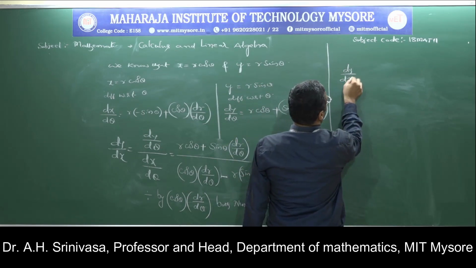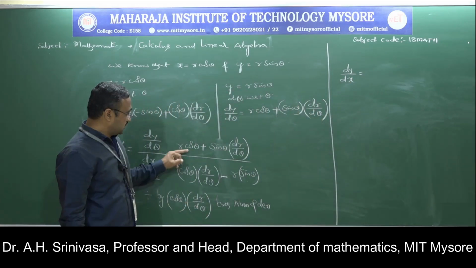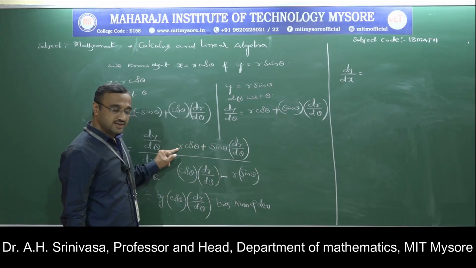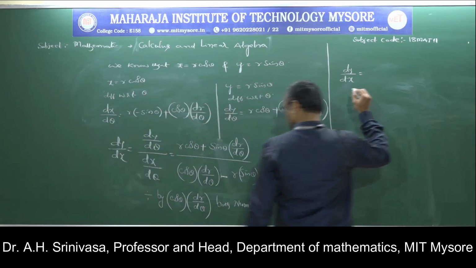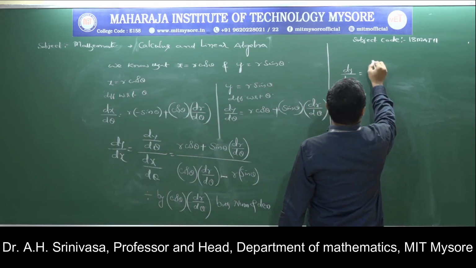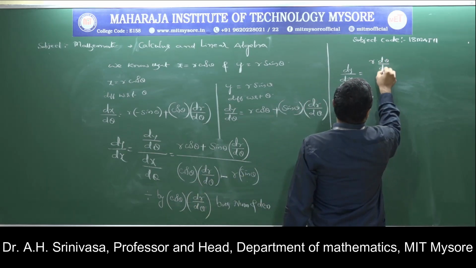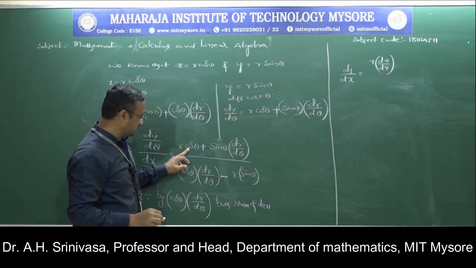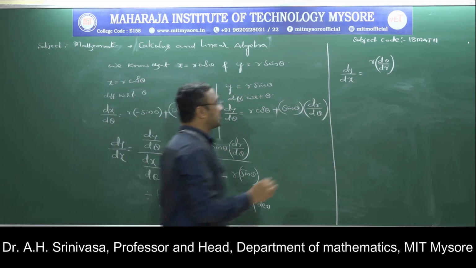Our dy by dx should be equal to, if we divide by this, both cos will be cancelled. We get r divided by dr into d theta, or simply r d theta by dr. If we take the reciprocal, then r into d theta by dr.